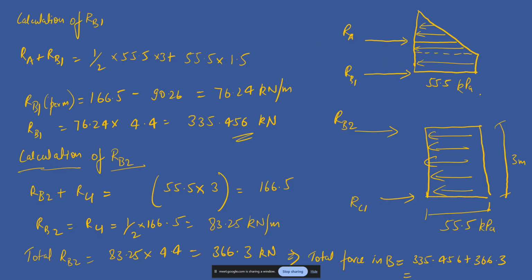Have I made some mistake anywhere? 83.25 into 4.4, how much are you getting? 366. Yeah, so it's 701.756, which is equivalent to 702 kilonewtons.